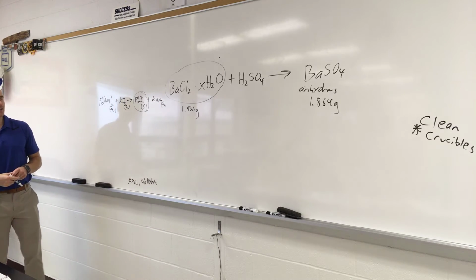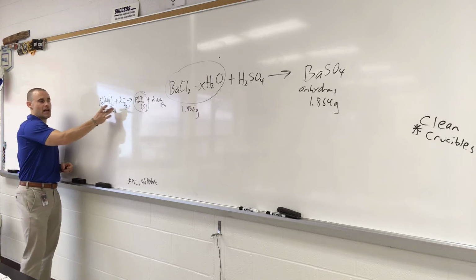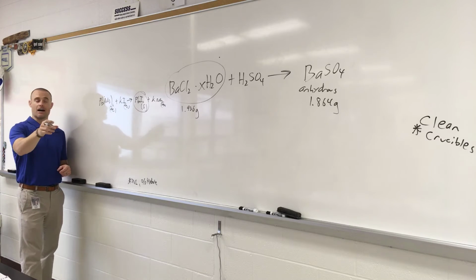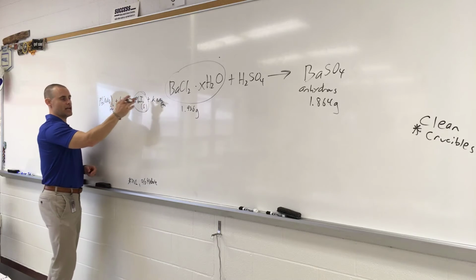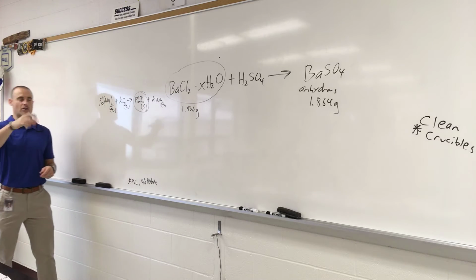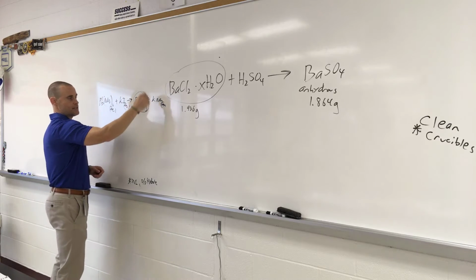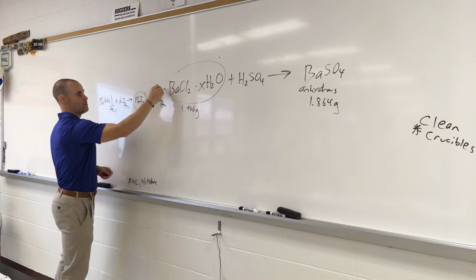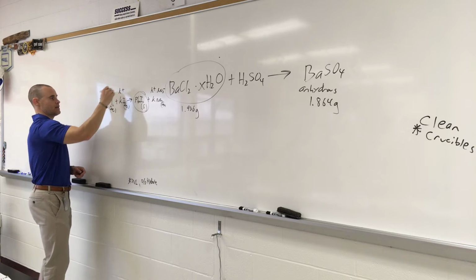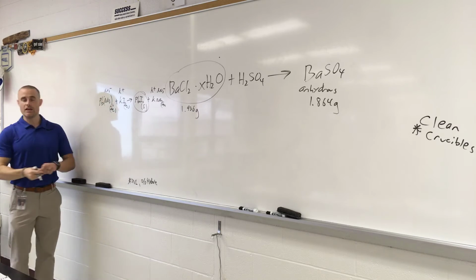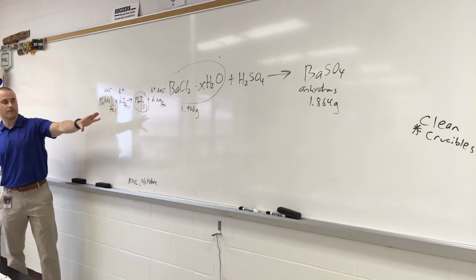So a net ionic equation means when you have a reaction, the ions that do not change are omitted. They're called spectator ions. So in this reaction, this is K plus and NO3 minus. These two ions don't change.